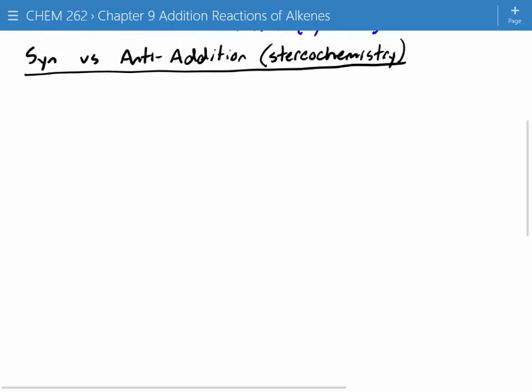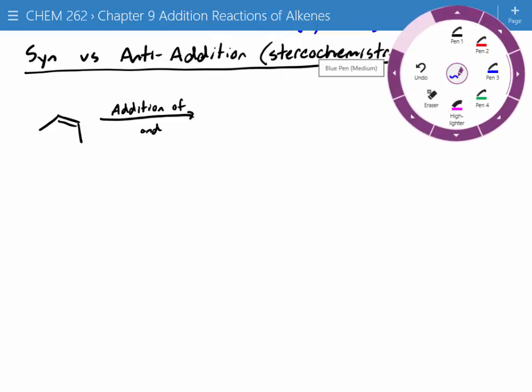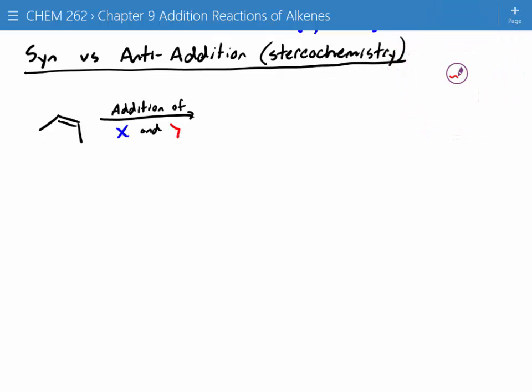So let's take a look at some examples of this. I'm going to draw a new double bond, and we're going to have addition of X and Y this time. So I'll do X in blue and Y in red so we can distinguish them. If we do this, we can have addition across that double bond, and we get two products.